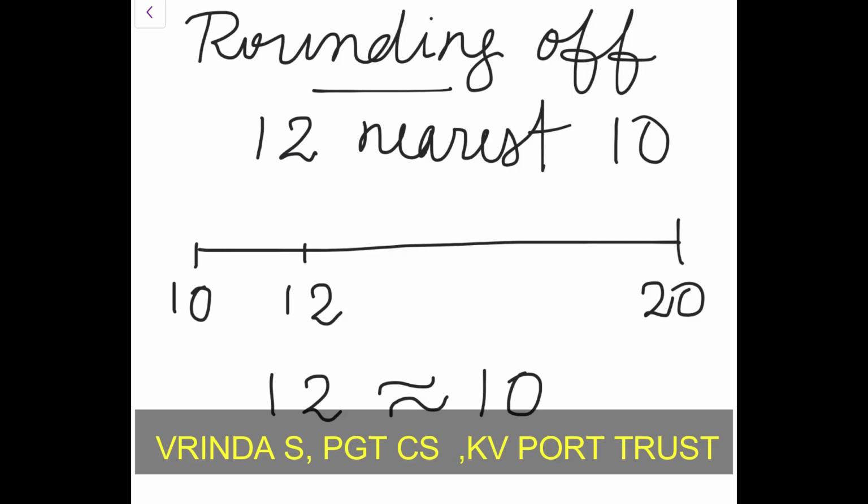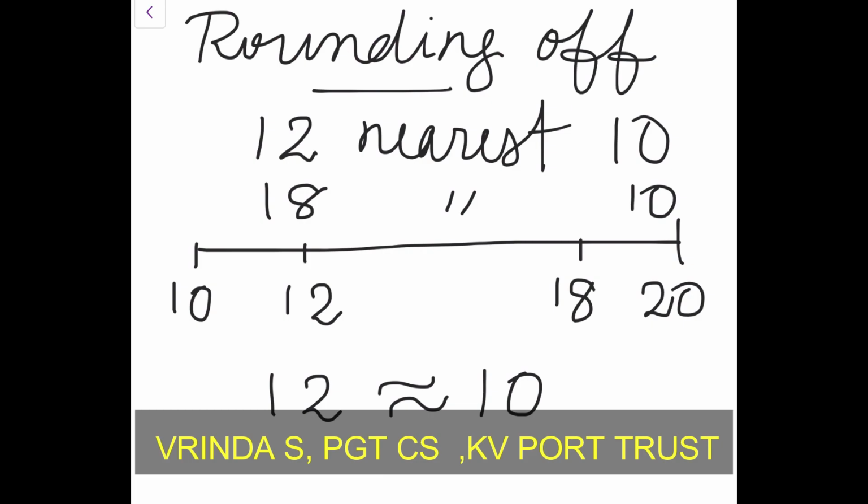Okay. The same you can try with number 18. 18 should also be rounded off to the nearest tens, that is given in the question. So if we try to mark 18 on this number line, we will mark it close to 20.